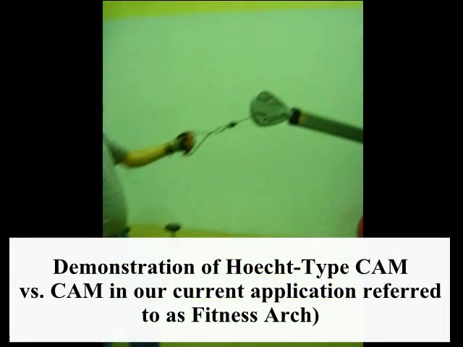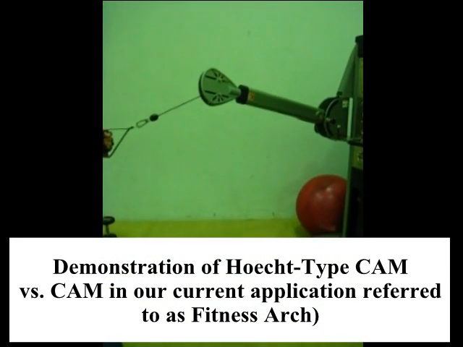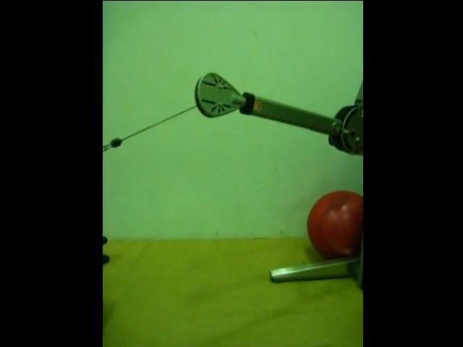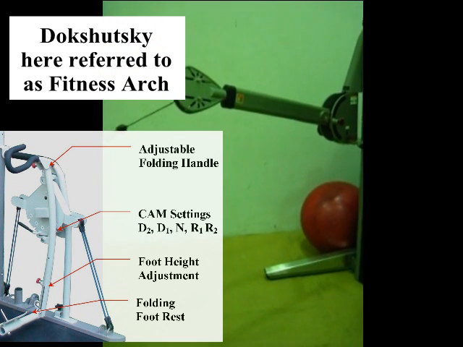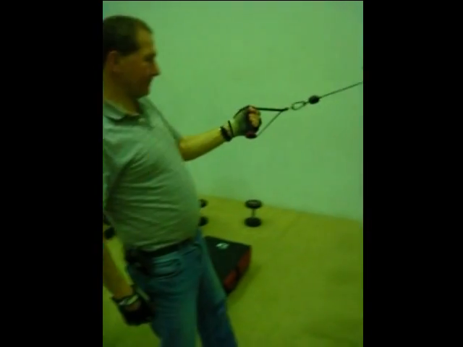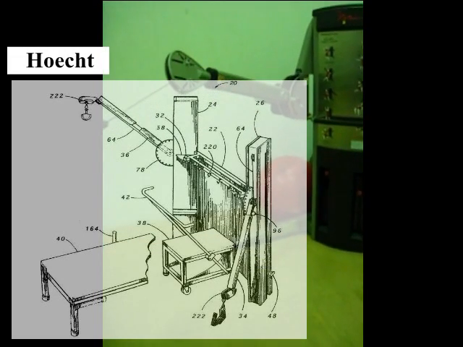Thank you. This is an explanation of the differences between the cam system that is very similar to the one that Hoecht in his patent has, and the one that the Fitness Arch is currently employing, and the one that we're trying to patent. First of all, as you can see, this free motion machine utilizes a cam system.